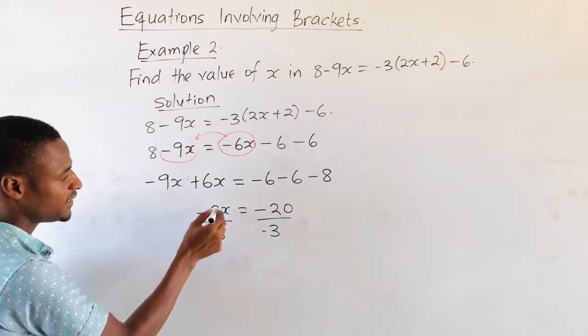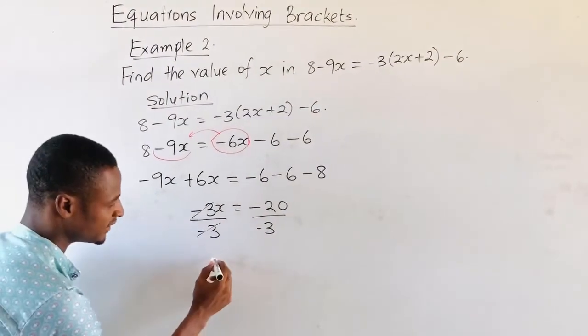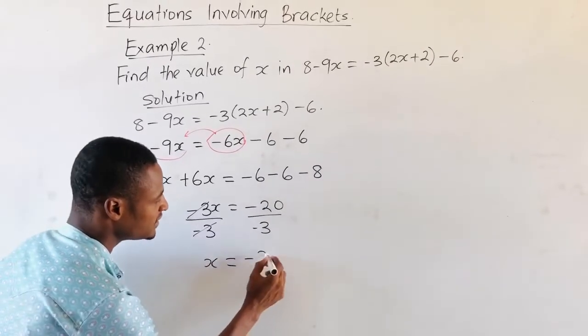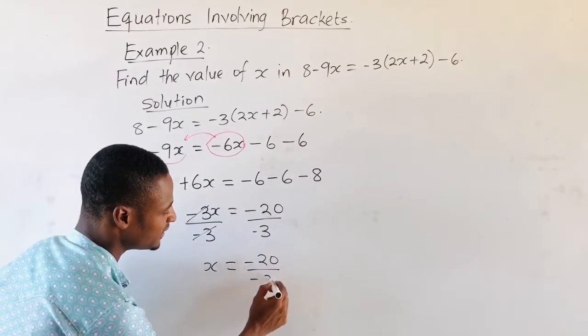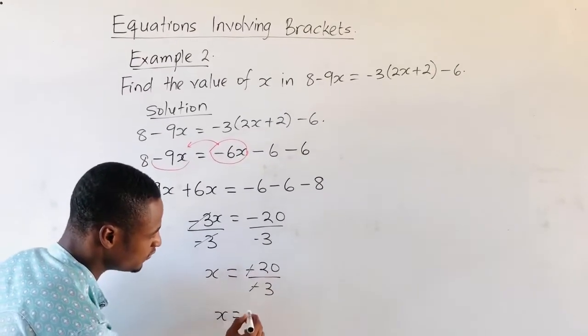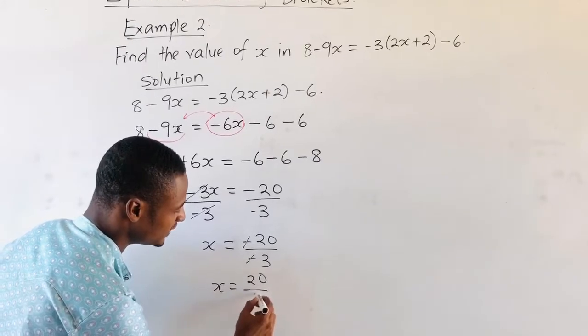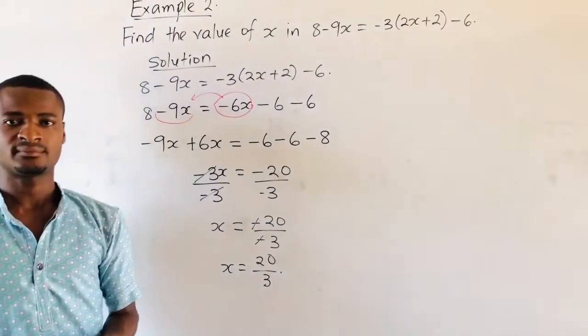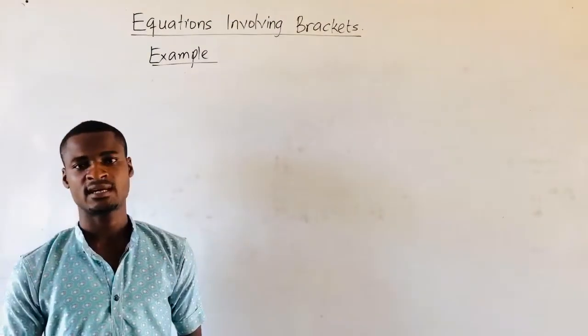Then negative 3 here will cancel negative 3, so that x will stand alone, and it will be equal to negative 20 divided by negative 3. Negative cancels negative, and x will be equal to 20 divided by 3. Let's take our third example.